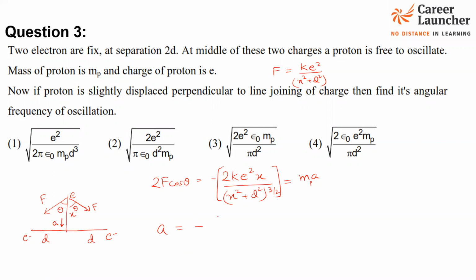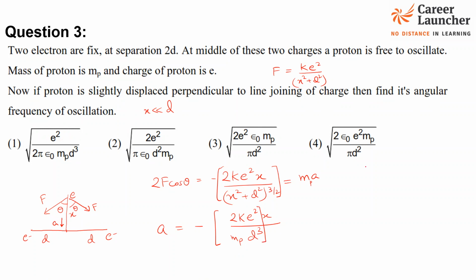So I can simply write this as 2Ke square x upon mass of proton, and denominator, if I know that x is very small as compared to d, the denominator can simply be written as d cube. And I will read this part as omega square x, right?